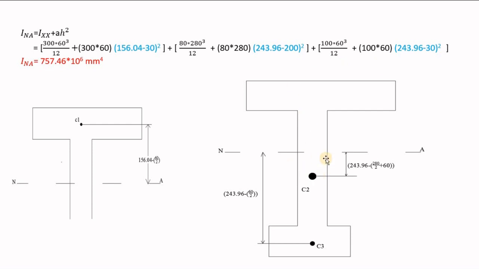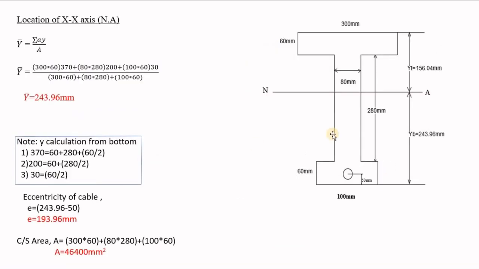The next element is the web. In the web, the width value is 80. What is the depth? It is 280 cube by 12, plus area 80 into 280, into the centroid of the second element. I have clearly written 243.96 minus 280 by 2 plus 60. First of all, check this value from the bottom to the neutral axis, which is 243.96.